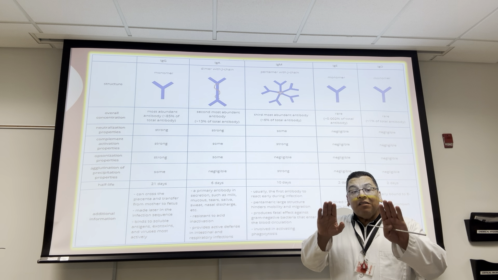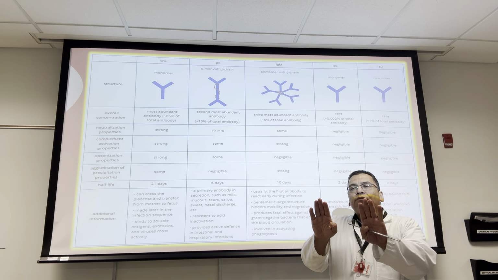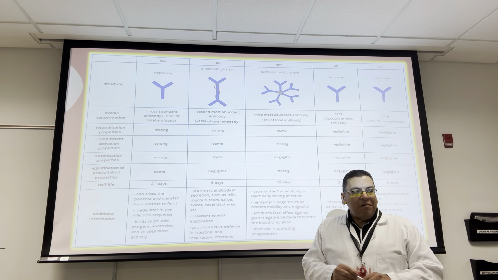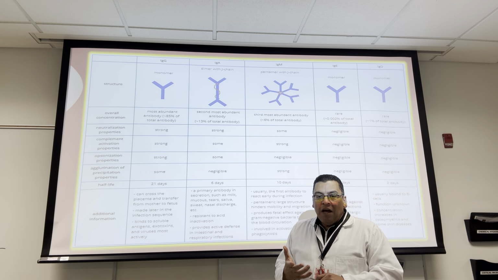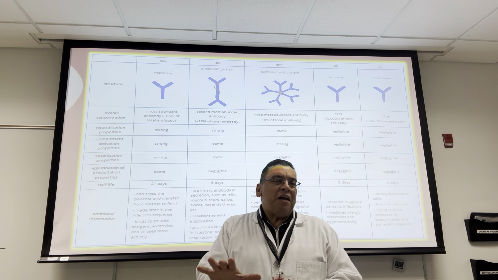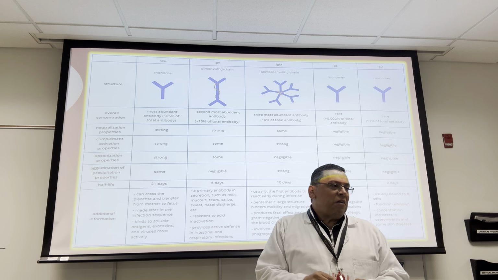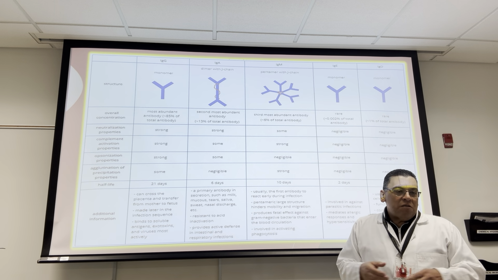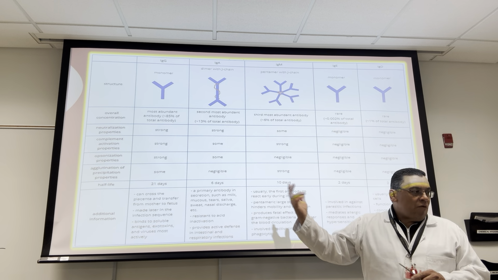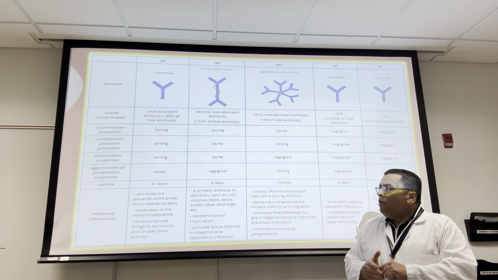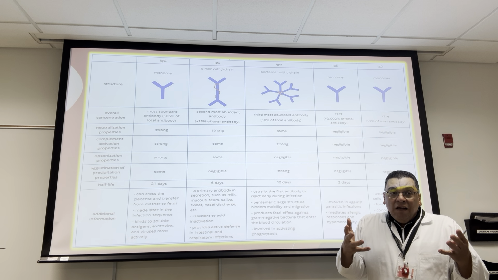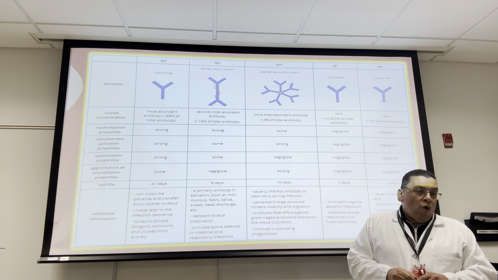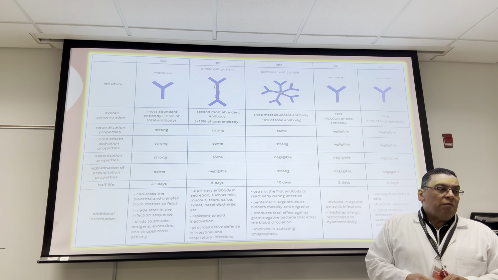So they can test to see, are you mainly fighting this current infection with IgM or IgG? If it's IgM, that tells them you just got it. This is the first time you saw it. They're most likely going to be expecting IgG, because most likely it's probably the second time, third time, fourth time seeing this pathogen. So if they see IgG, that means whatever that pathogen is, you've had it for a while, or you've had it multiple times.